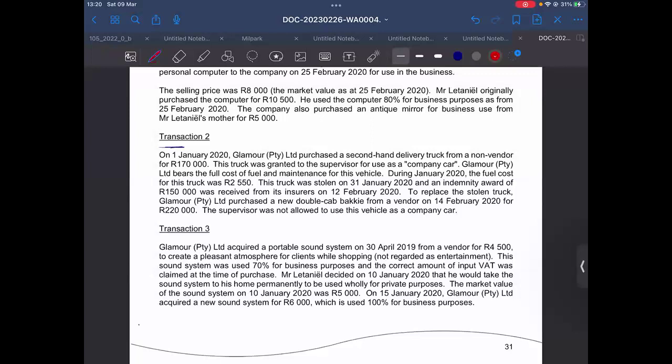Right, they are saying on 1 January 2020, Glama purchased the second-hand delivery vehicle from a non-vendor for 170. Note, we have notional input. This truck was granted to the supervisor for use as a company car. Glama Ltd bears the full cost of fuel and maintenance for this vehicle.